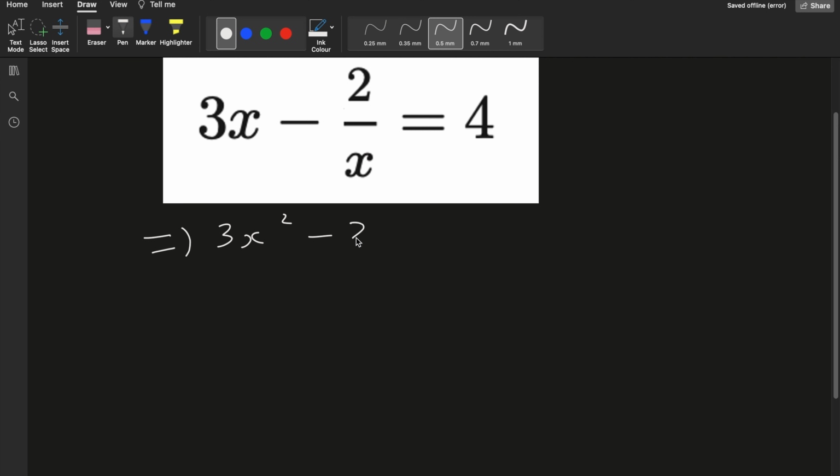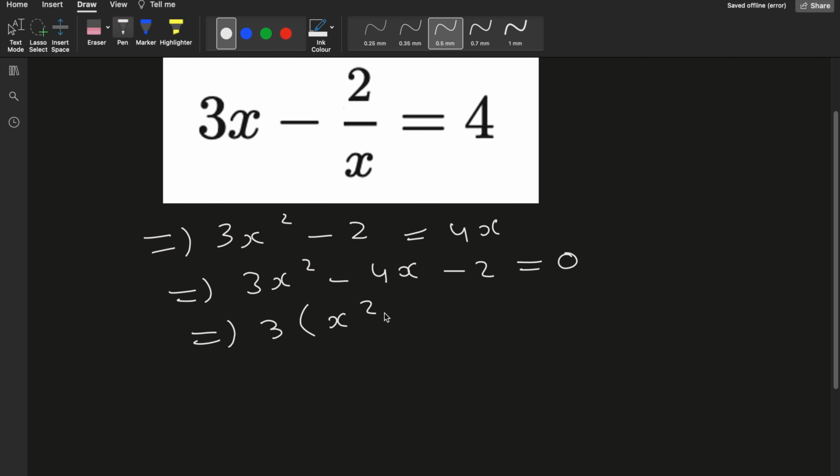This will be minus 2 equals 4x. Now let's transpose this to this side. Implies 3x squared minus 4x minus 2 equals 0. And then let's take 3 as a common factor. So 3 into x squared minus 4 divided by 3x minus 2 divided by 3 equals 0.